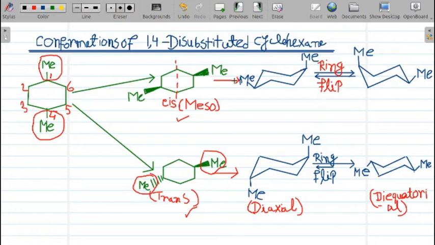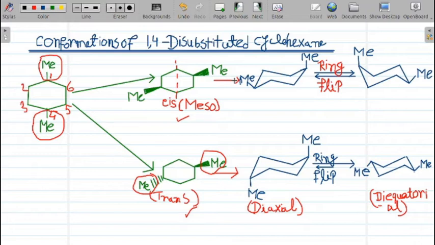And in this case the chair conformations of this cis and trans isomer are similar to the conformations of the 1,2 disubstituted cyclohexane.